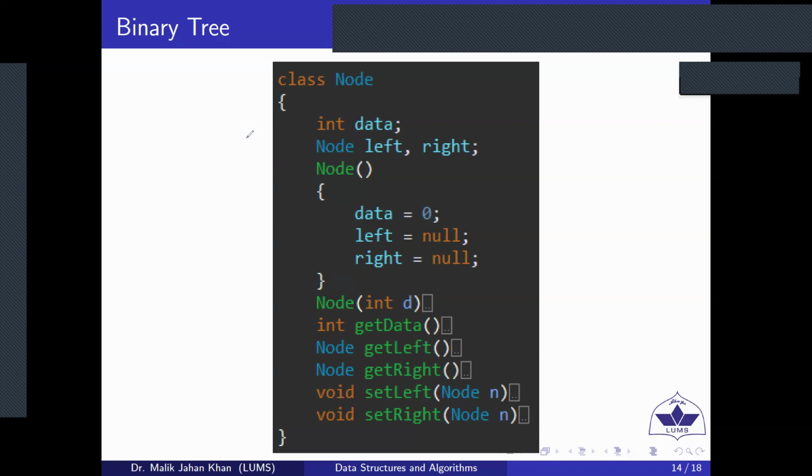In the constructor, whenever we create a new node, we set data to 0 and the left and right children to null. In the same way, we can have another, parameterized constructor which has one parameter, so we can set data to D, and the left and right children will still remain null, because whenever we are creating a new node, we won't know what the left and right nodes should be.